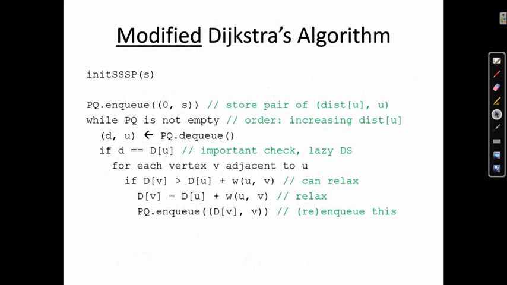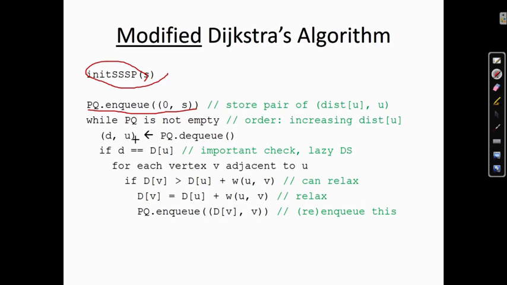So the algorithm for modified Dijkstra will look like this. At the beginning, I do init SSSP, as we always have. Then I enqueue just one copy first. I don't enqueue everything at the beginning, unlike original Dijkstra. Here, I only enqueue the source. Then I have the loop, which loops while the PQ is not empty.